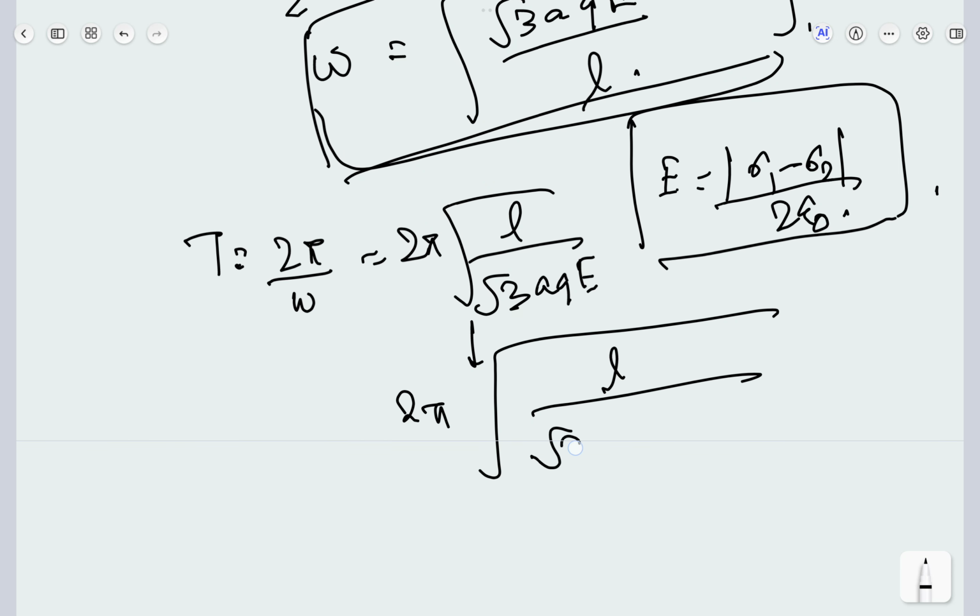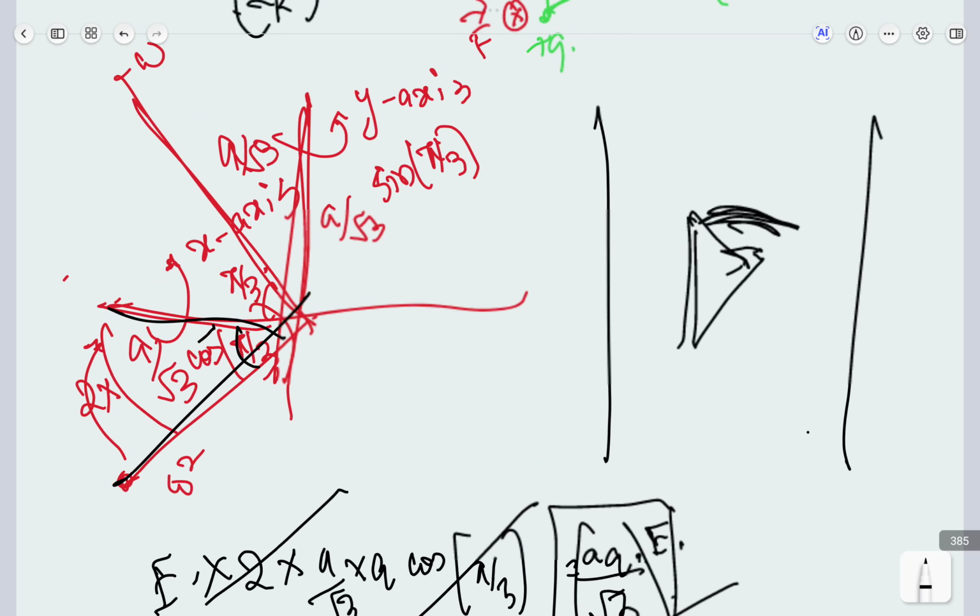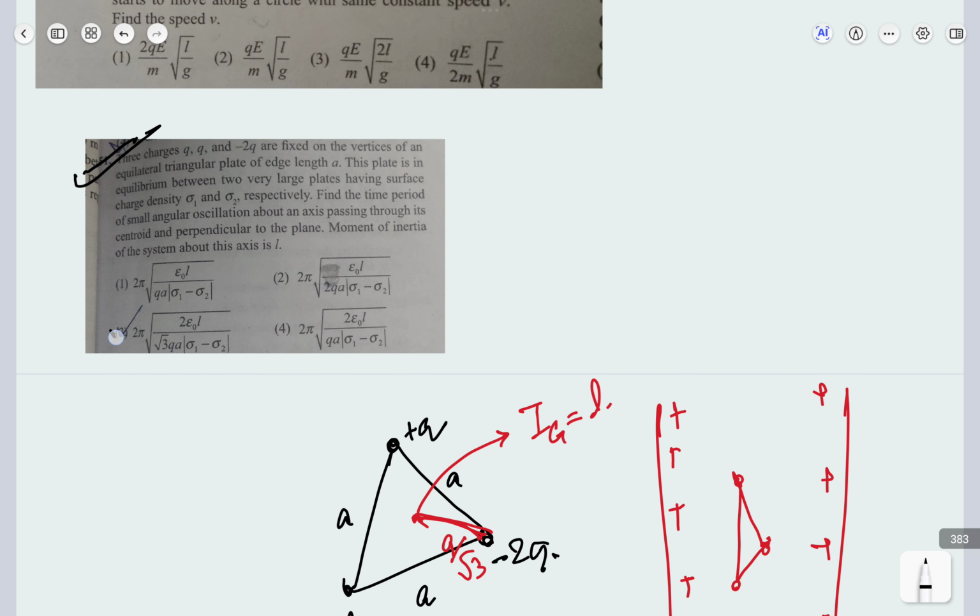This would be root 3 a q sigma 1 minus sigma 2 over 2 epsilon naught right here. So this should give me the C option. This is the right answer, and it's a pretty easy question.